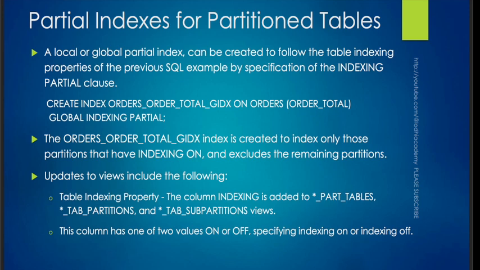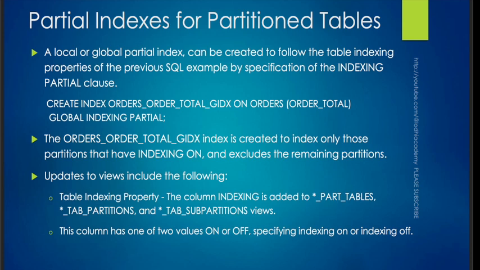The orders_order_total_gidx is the index name. The index is created to index only those partitions that have indexing on and excludes the remaining partitions. Now you understand that in the command for some partitions we defined indexing off, for some we defined indexing on. So here global indexing partial will apply only to those which have indexing on.